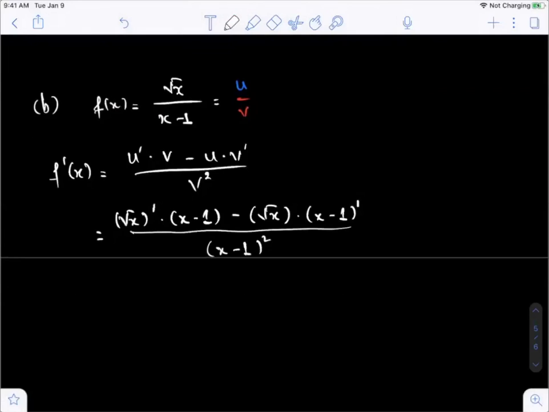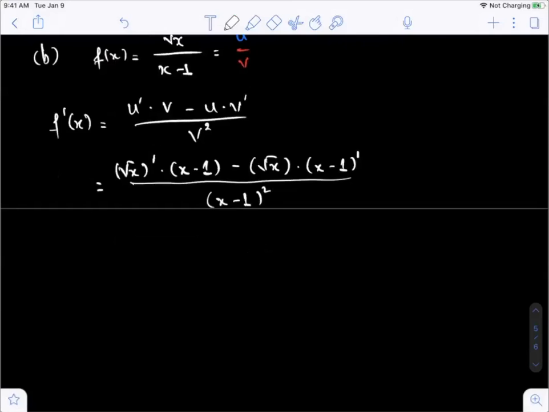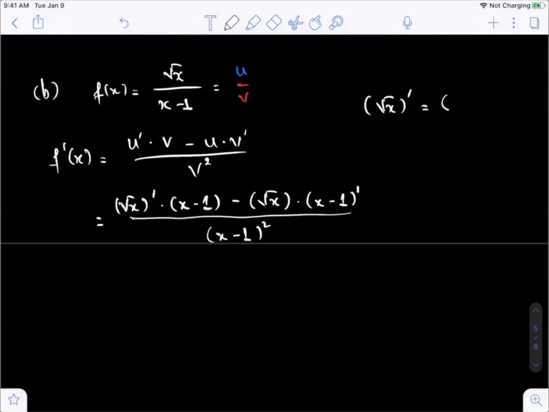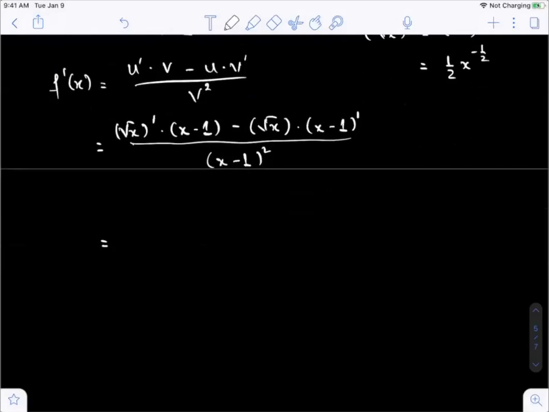all divided by x minus 1 squared. The derivative of square root of x, we did a similar problem earlier. You can turn that into a power function, and this gives me 1/2 times x to the negative 1/2. I'll put this into our problem.